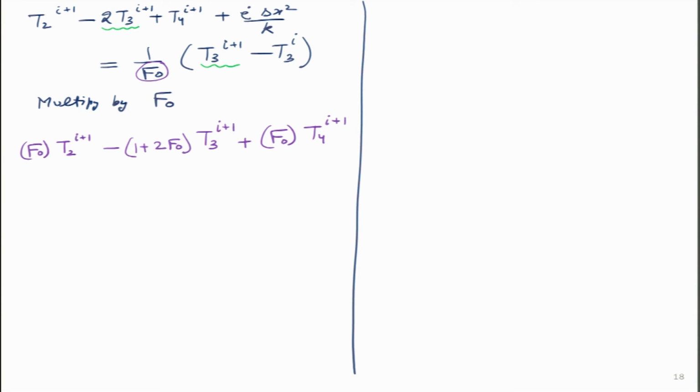Then the energy generation term will also be multiplied by Fourier. But all those other terms except for the T's, I want to keep on the right hand side. So, what I will get on the right hand side is minus Fourier E dot delta x square divided by k, and minus T3 i.